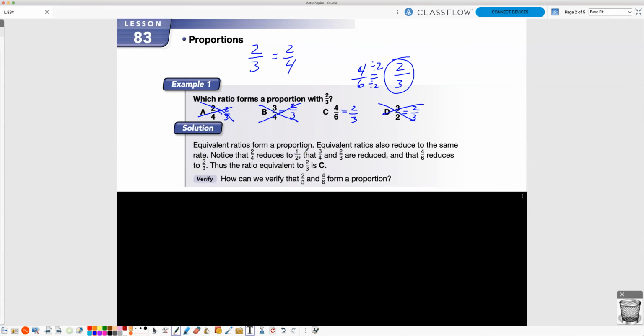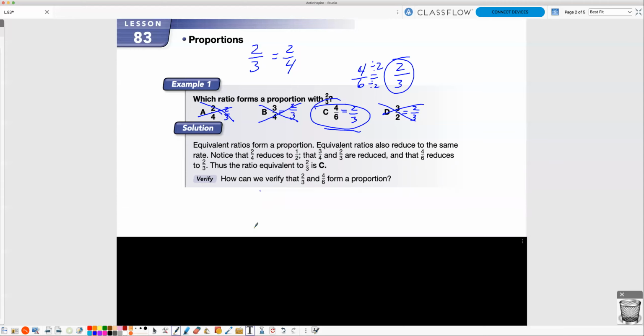Equivalent ratios form a proportion. Equivalent ratios can also reduce to the same rate. So 2 to 4 reduces to 1 to 2, 3 to 4 and 2 to 3 are reduced, and 4 to 6 reduces to 2 to 3. Thus, the equivalent ratio is going to be C. 2 to 3 is equivalent to 4 to 6.